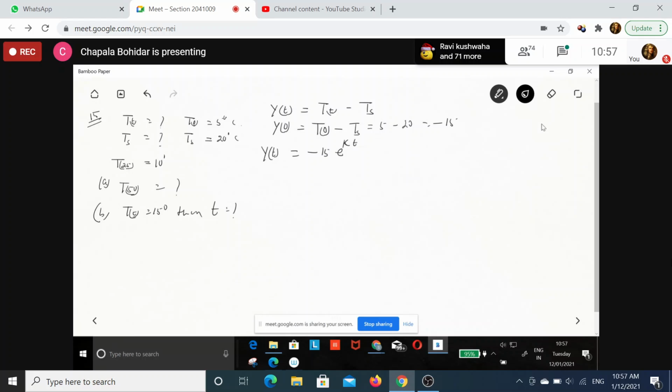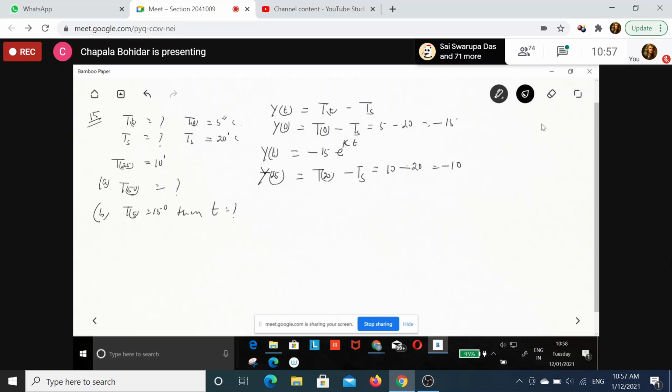But my aim is to find out this value k here. So now it is given that T of 25 is equal to 10 degrees centigrade. So y of 25 is equal to T of 25 minus Ts, that is 10 minus 20, which is equal to minus 10.